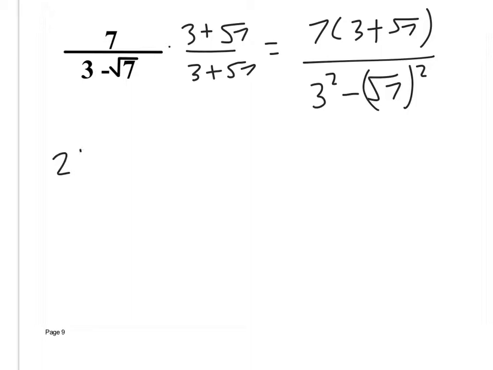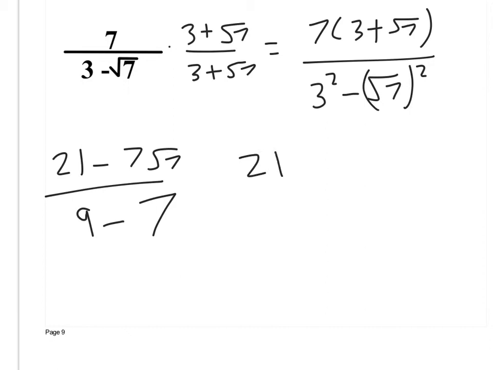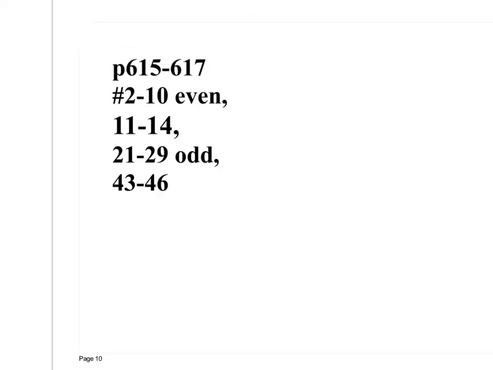So you get 21 minus 7 square root of 7 over, what is 3 squared? 9 minus, what is the square root of 7 squared? 7. Okay. So 21 minus 7 square root of 7 over 2. There's your answer. Here's your homework assignment.